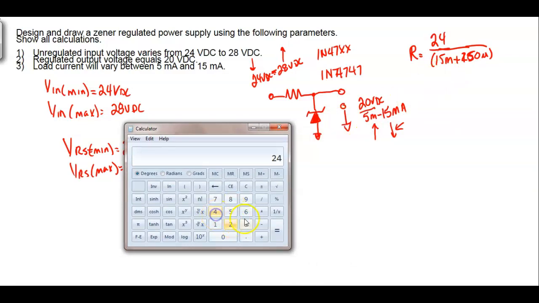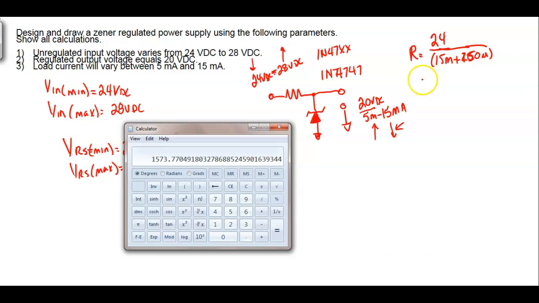So 24 divided by, open parentheses, 15 times 10 to the minus 3 plus 250 times 10 to the minus 6, close parentheses.